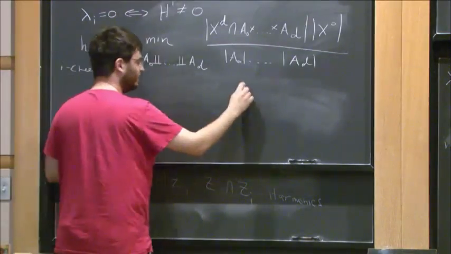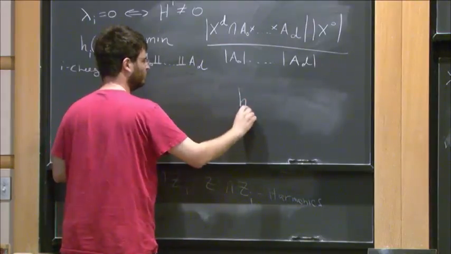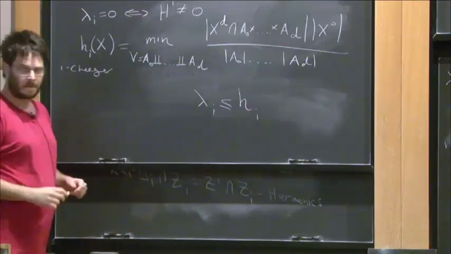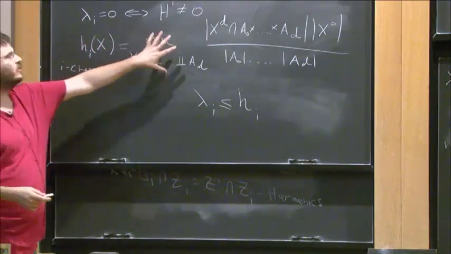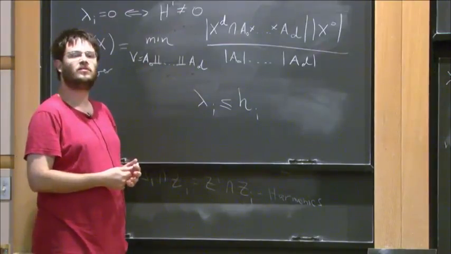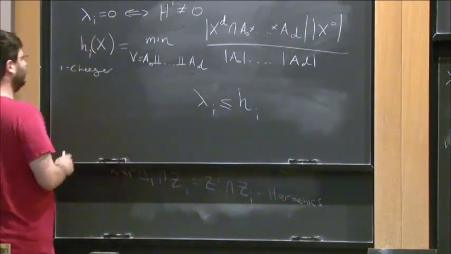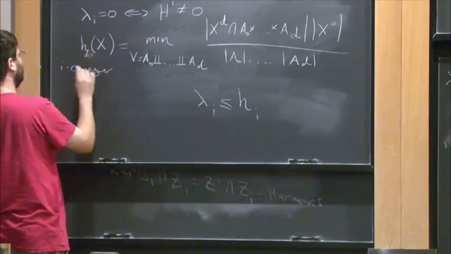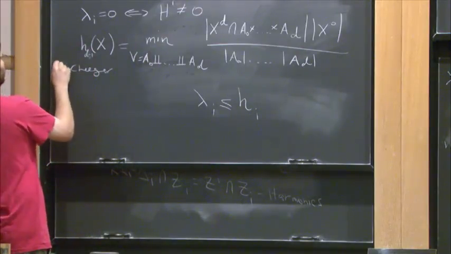Then again, we have the same thing. We can prove h_i is at most lambda_i. So this is again a combinatorial parameter. Yeah, i is d. I is d minus 1, yes. So yeah, you can do it for any dimension.